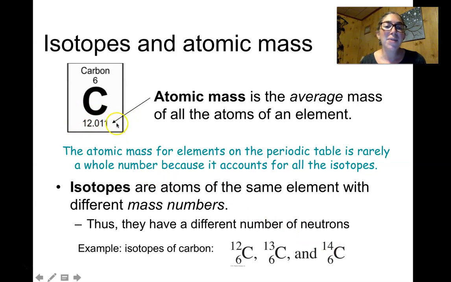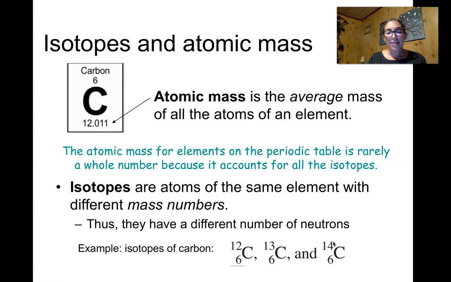But what we see on the periodic table is actually an average, and we call this the atomic mass. So the atomic mass is a weighted average of all of the isotopes of a given element. So you may be looking at this and thinking, well, 12.011 is not the average of 12 and 13 and 14. But again, it's a weighted average.